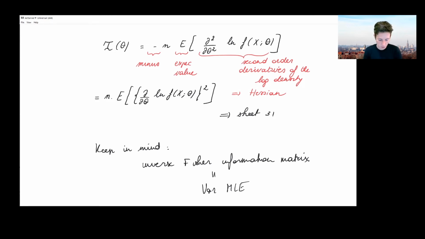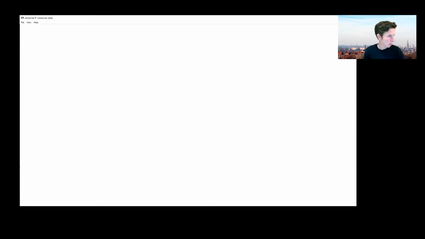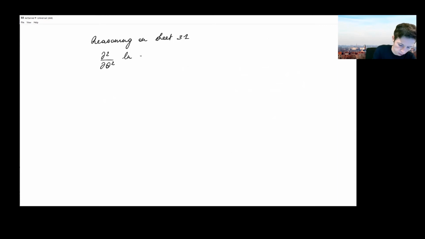So let's take a moment to think about the reasoning that I have over here. Why would this make sense? I'm going to do it in the simple case where I've got a single parameter. If you look at the reasoning on sheet 31, we're going to start with the second order derivative of the log density.